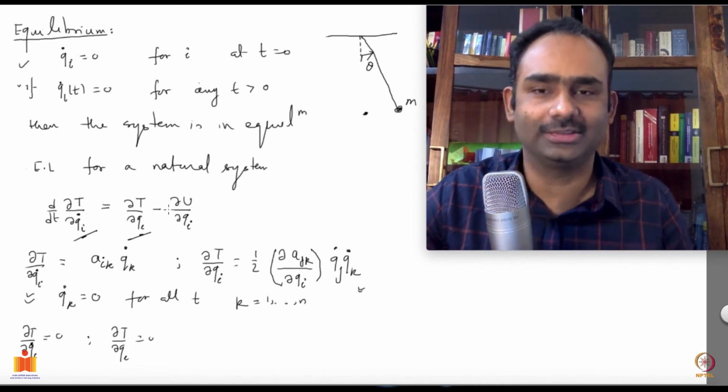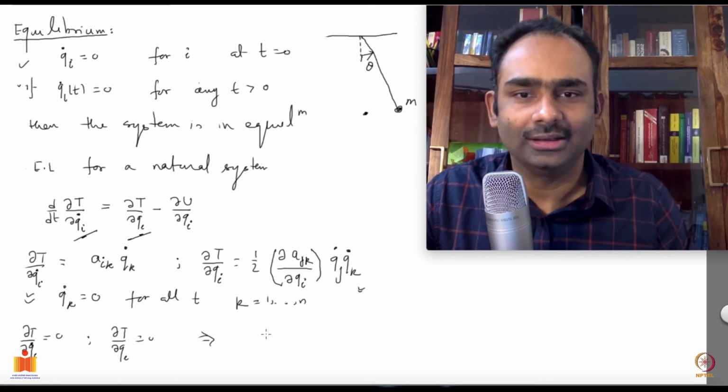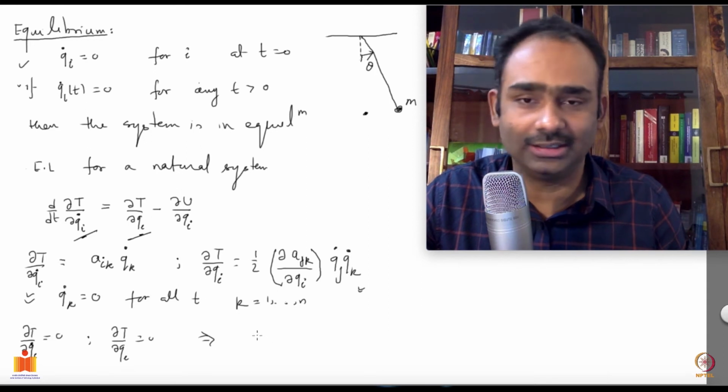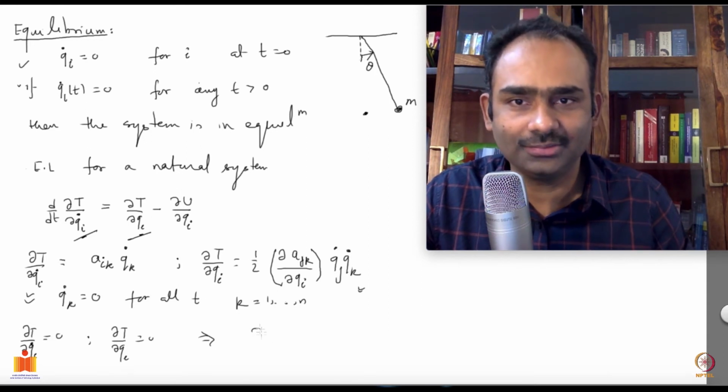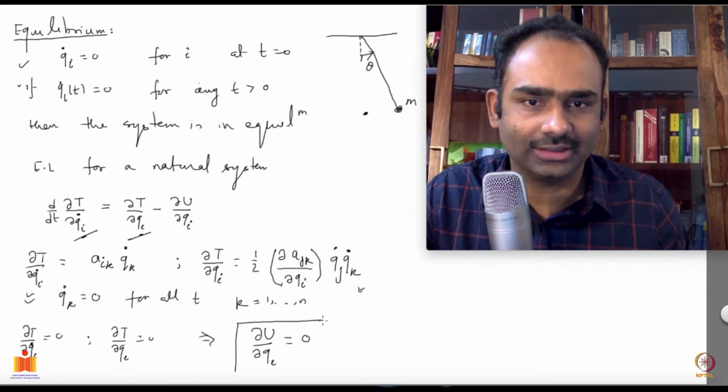Otherwise, it will not be satisfied, right? Which implies that for the system to be in an equilibrium configuration, we have the condition that del U over del q i is 0. That's the condition we get.